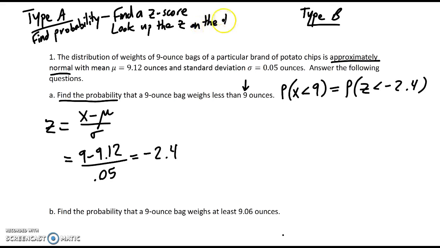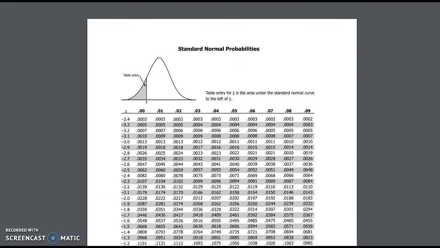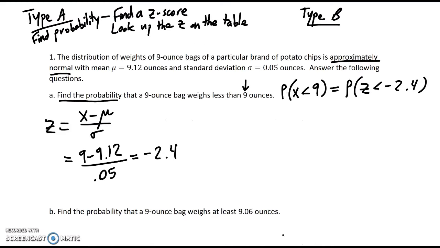Okay? That big yellow table that I gave you with all those values. I happen to have one here. So, we're going to look up negative 2.4, and technically that's negative 2.40, so we're going to look up negative 2.4, and then we go over to the 0 column, and that'll be 0.0082. So my probability is 0.0082.